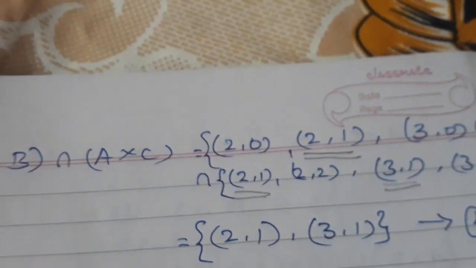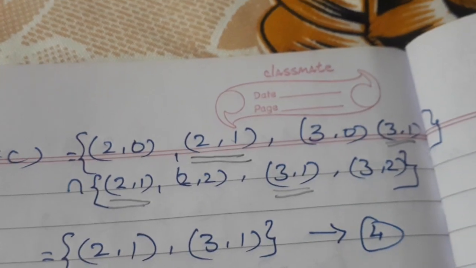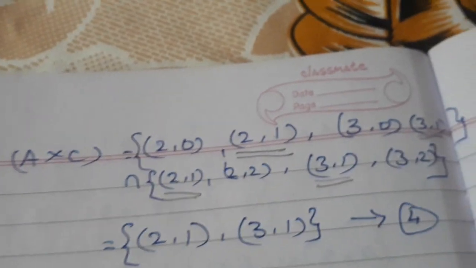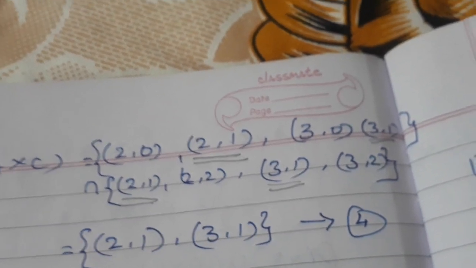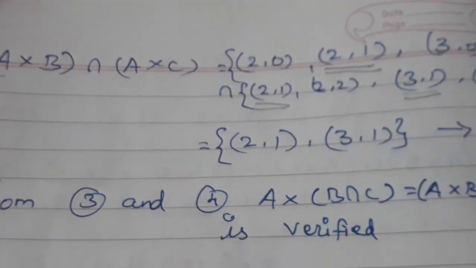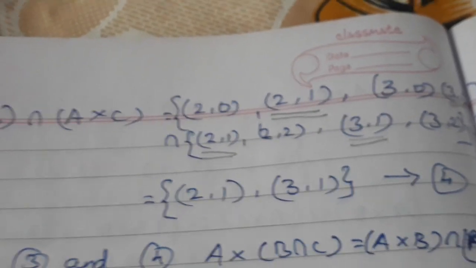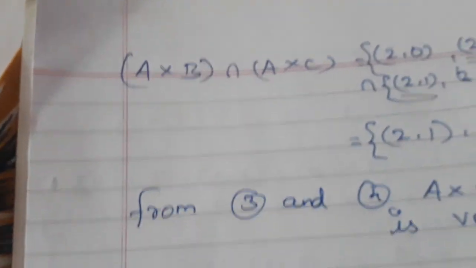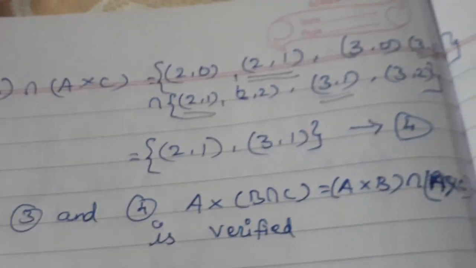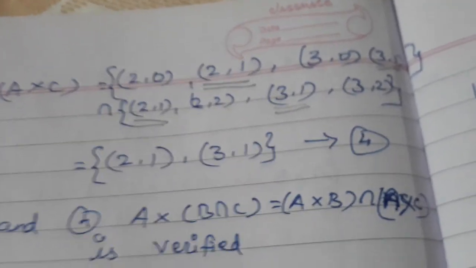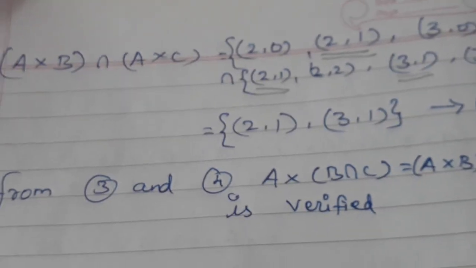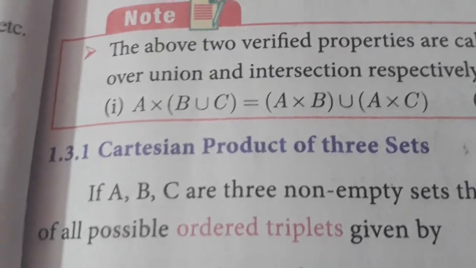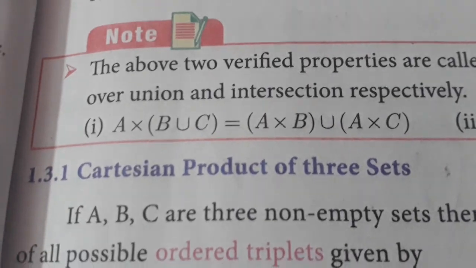When we intersect them, our final answer is (2,1) and (3,1). This is our fourth equation. And from 3 and 4, A × (B ∩ C) and (A × B) ∩ (A × C) are equal. It is verified.